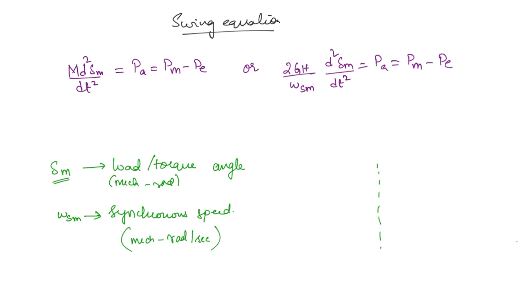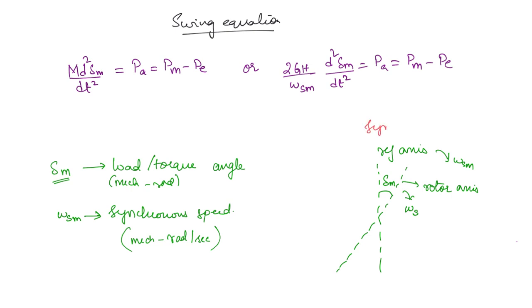So if you take this as the reference axis, it is itself moving at synchronous speed, and the machine rotor is also rotating at synchronous speed, but it is displaced from the reference axis by an angle δm. So the relative velocity between the reference axis and the rotor axis is 0, right?